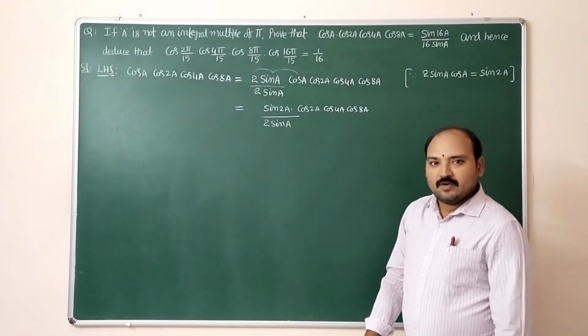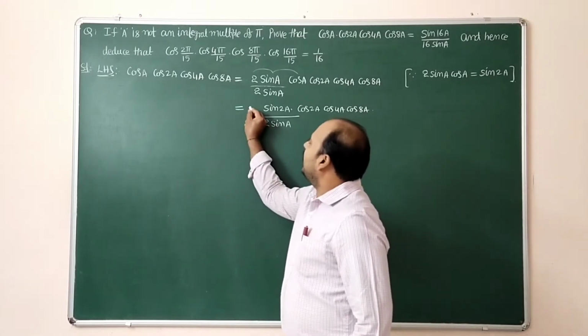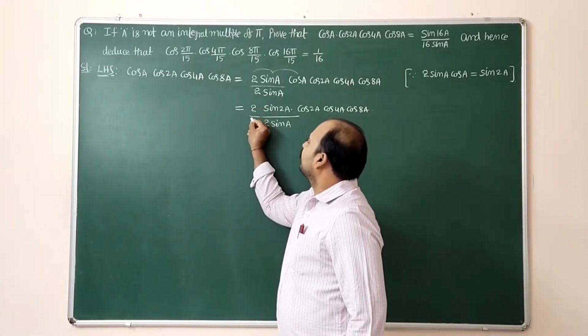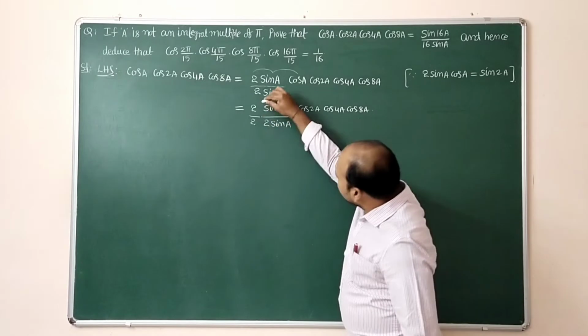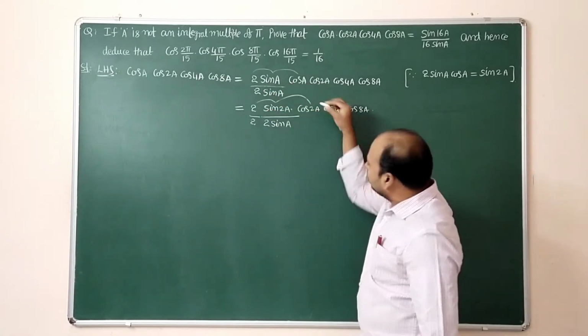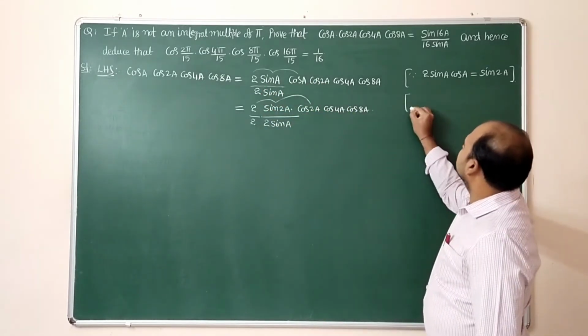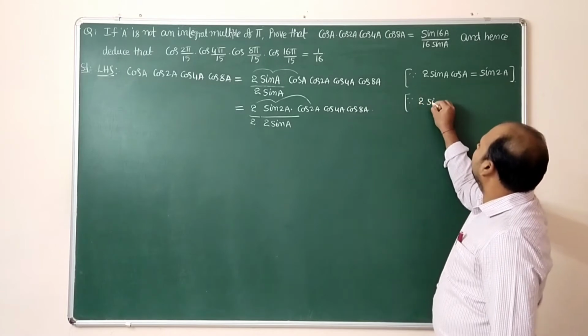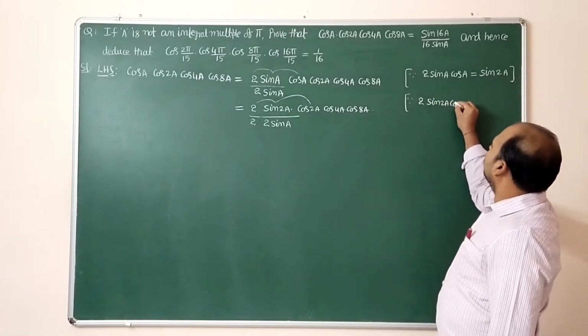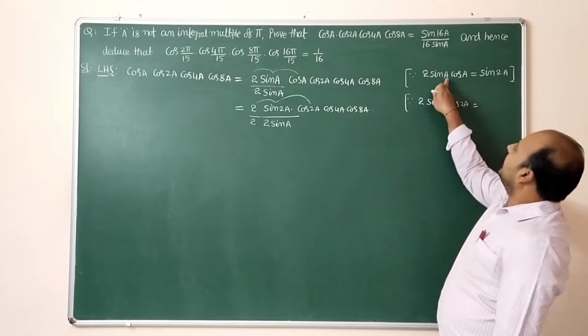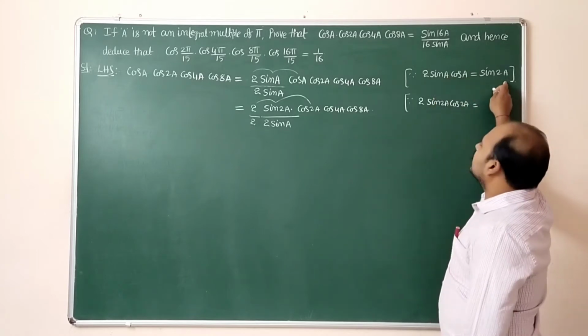After that, again what we have to do is multiply and divide by 2. So again 2 sin 2A cos 2A. Double angles here: 2 sin 2A into cos 2A. Here A is there, meaning double, we are getting sin 2A.